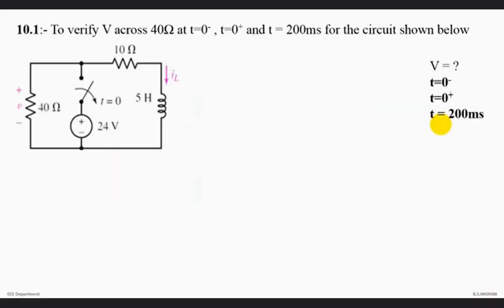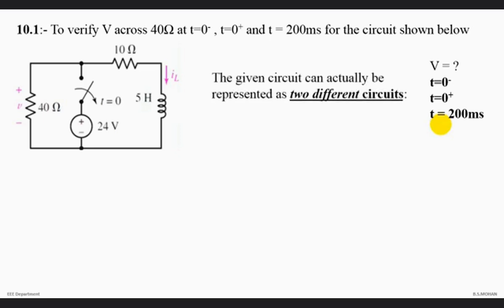In figure A, we have to find the voltage at three conditions: when time is 0 minus, 0 plus and 200 milliseconds. That is, when the switch is closed, when the switch is just opened, and once it's opened, after 200 milliseconds, what is the voltage across your resistance? We can divide the circuit in two ways, that is, the initial condition of the switch and the final condition of the switch.